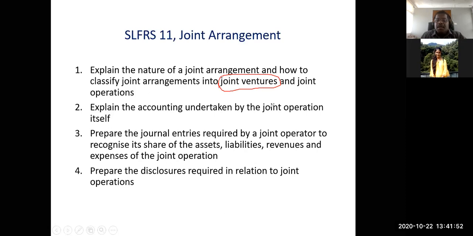Prepare journal entries required by a joint operator, recognize its share of assets, liabilities, revenues, and expenses of the joint operation, and prepare the disclosures required in relation to joint operations. Basically, this session is about how to account for joint operations.